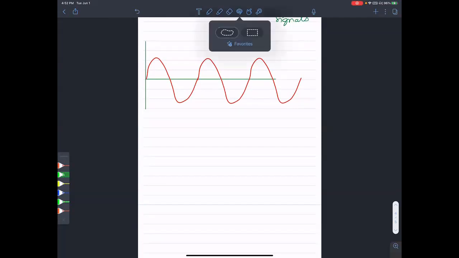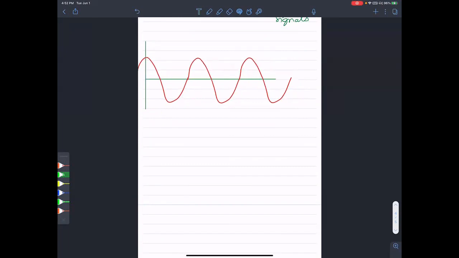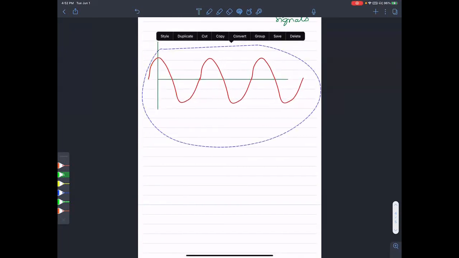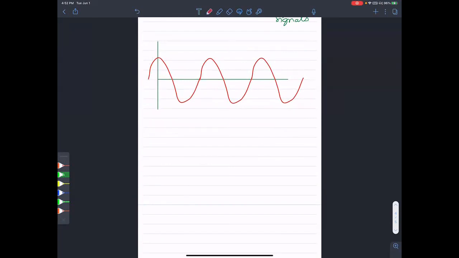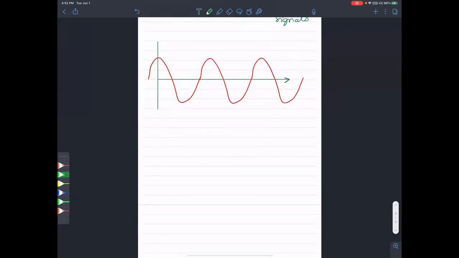So first thing I'm going to do is probably do that. This is a cosine wave. On the x-axis, I have time, and on the y-axis, I have the voltage, or I could even have the current.